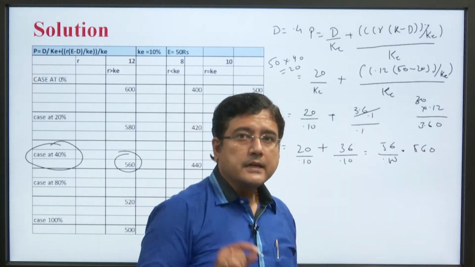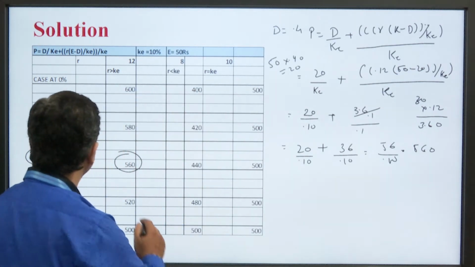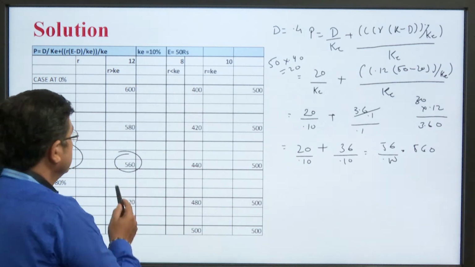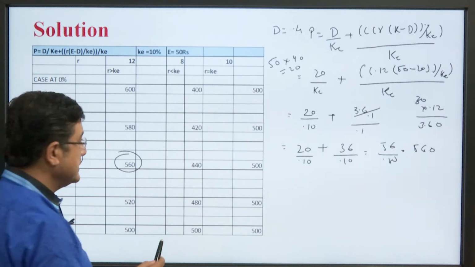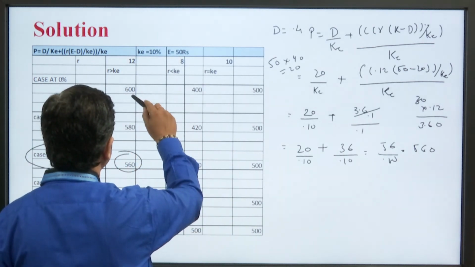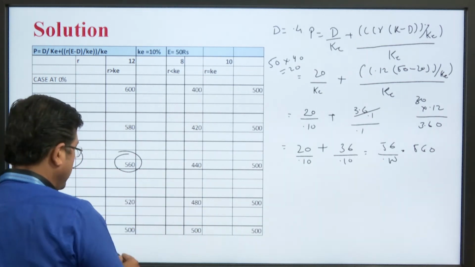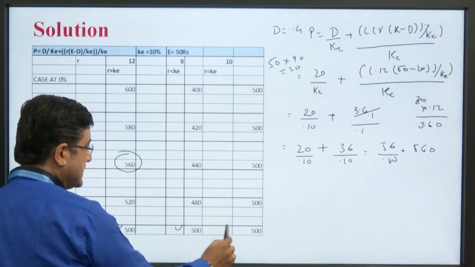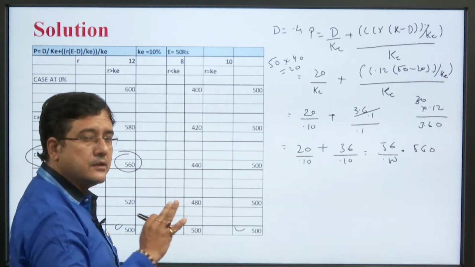So, in this case you see that when we increase the dividend payout ratio, the value decreases. And at 100% payout, in all cases the share price of 500 remains constant.